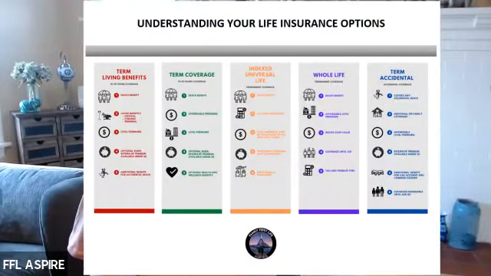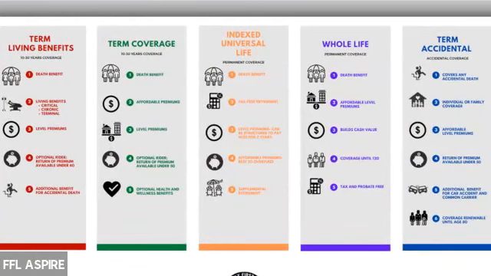This is what I use. It's basically the exact same. I have another one called Understanding Your Life Insurance Options that I use for any of my life policies, okay? So this is basically the exact same, except I have added in Index Universal Life, and I've changed the title of them.